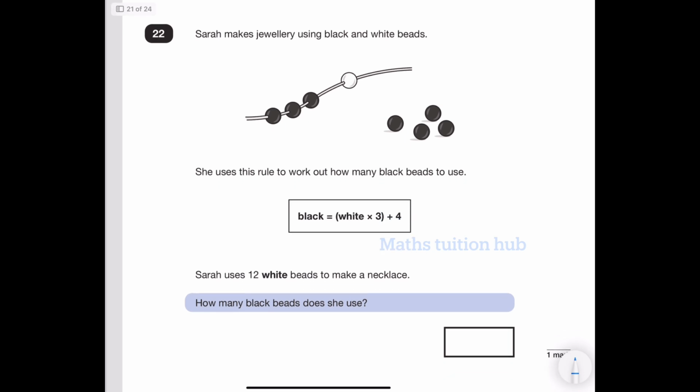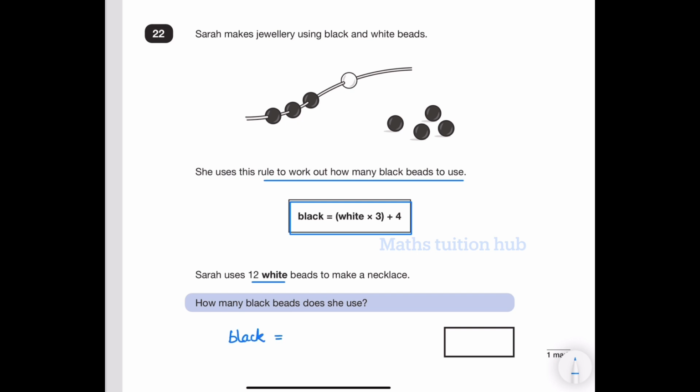Sarah makes jewelry using black and white beads. She uses the rule to work out how many black beads to use. So the rule is black equals white times 3, add 4. She uses 12 white beads to make a necklace. How many black beads does she use?